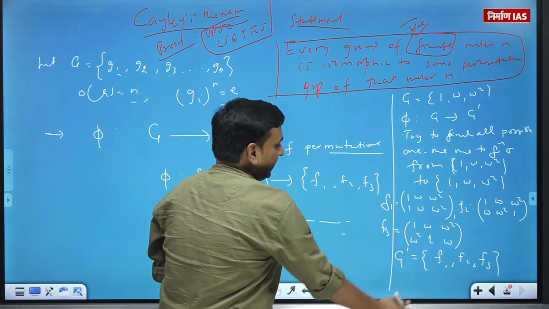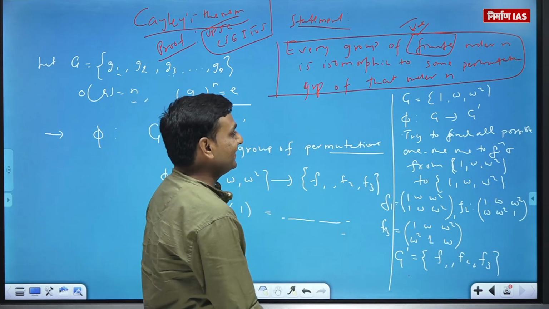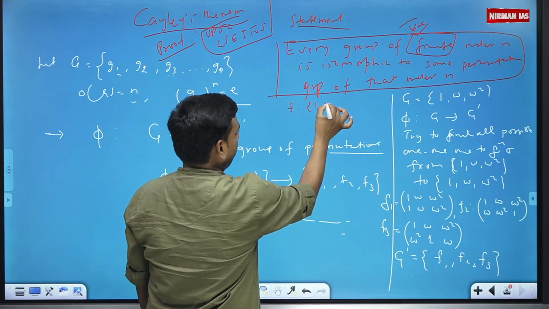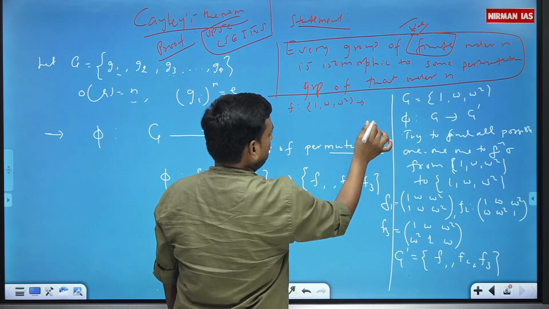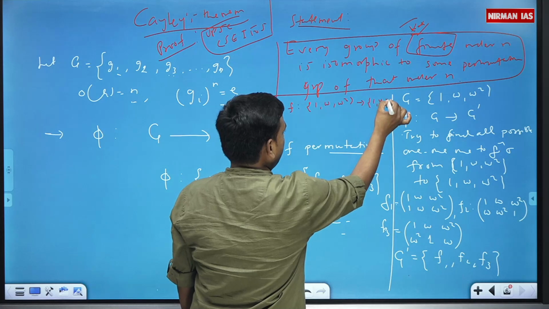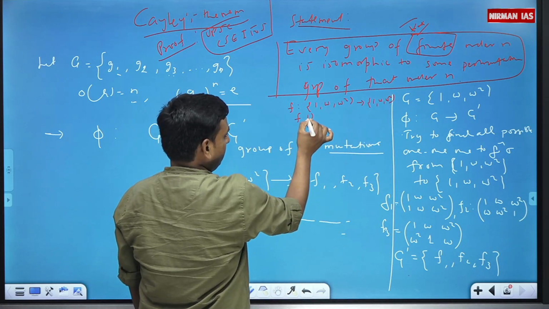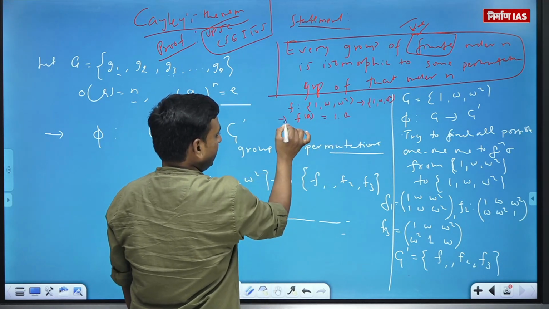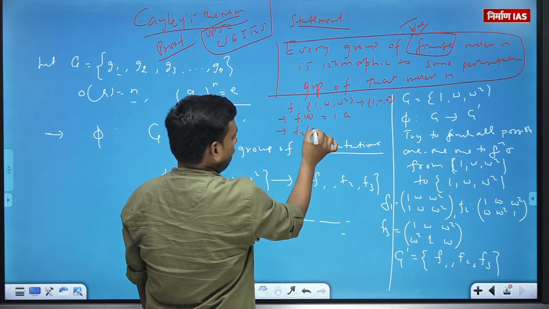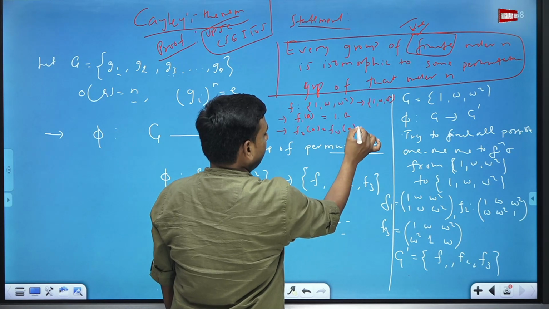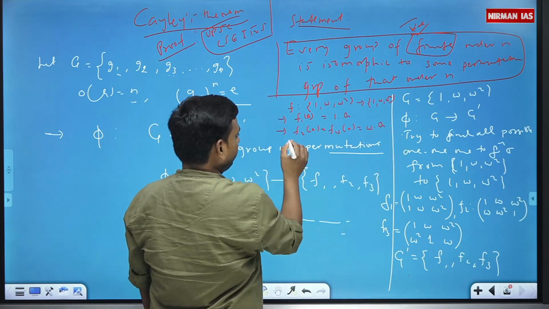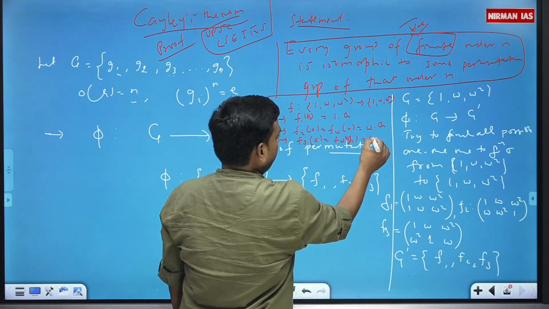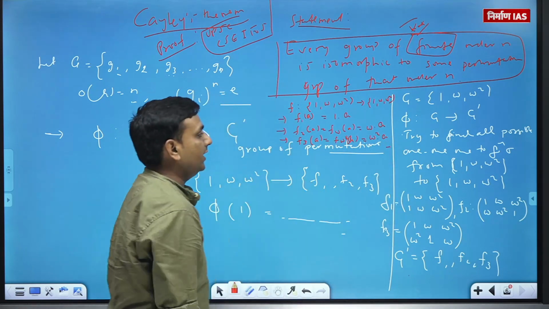So how have I defined these functions? I just defined a map from {1, omega, omega square} to {1, omega, omega square}: f1 of a is 1 times a, f2 of a, that I can write as f omega of a, I defined as omega times a, and f3 of a, that I can say f omega square of a, I defined as omega square times a.